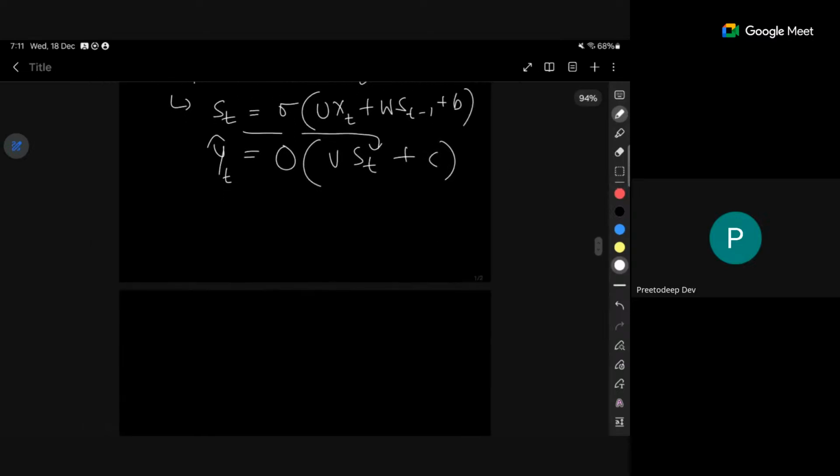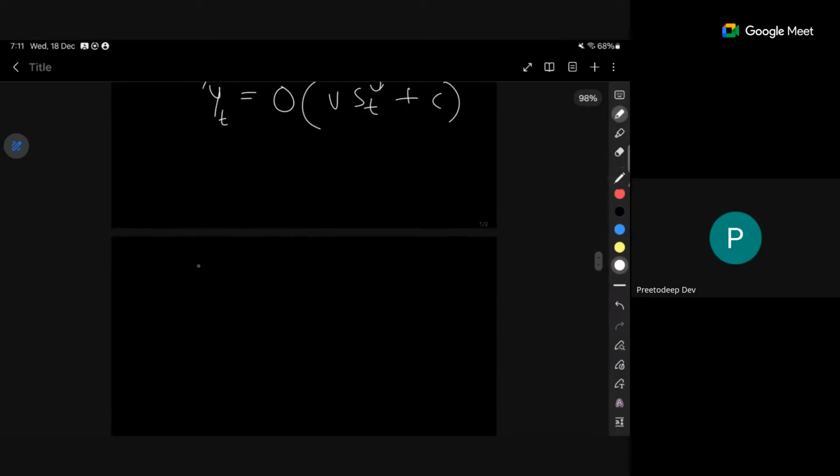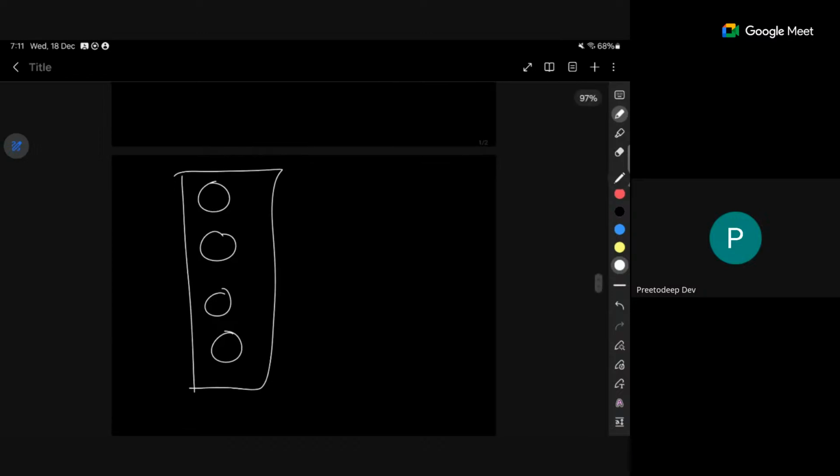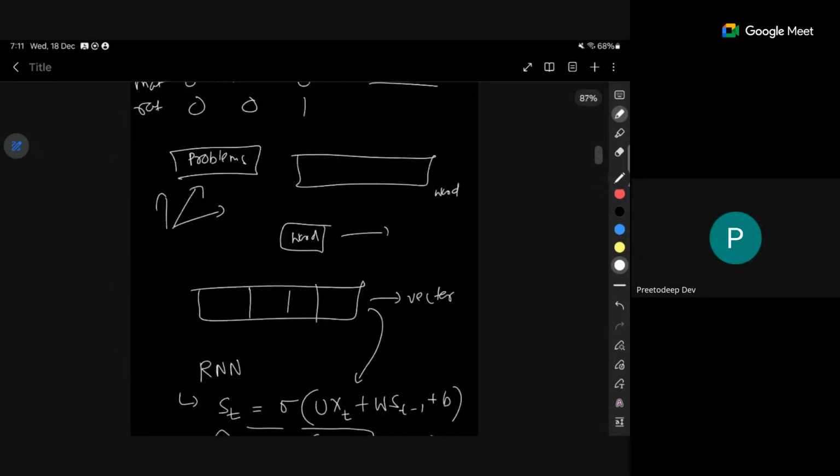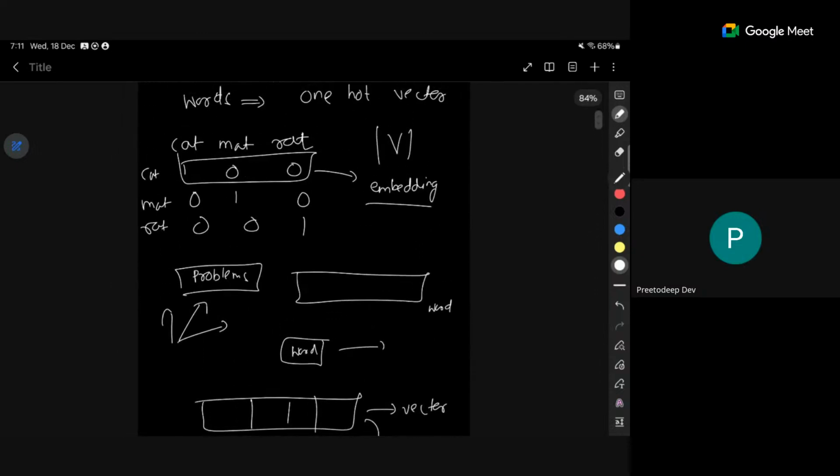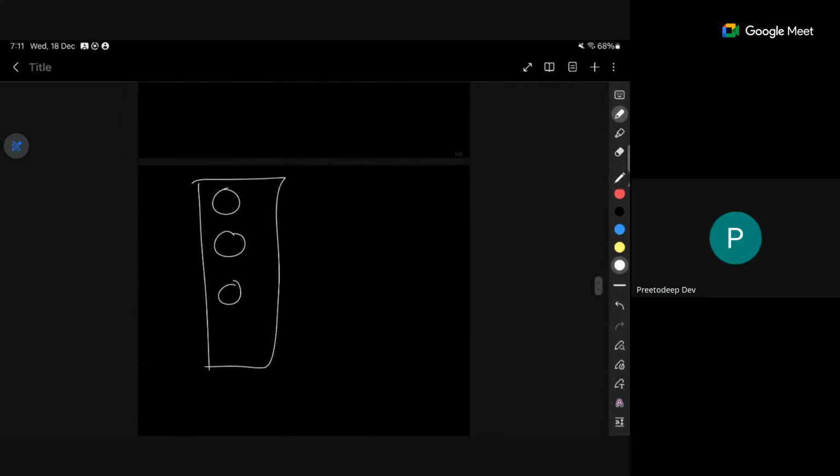To explain, let's say this is my RNN layer, just a layer of it, and here my input will go. Let's say if it was cat, then inputs go inside like this.